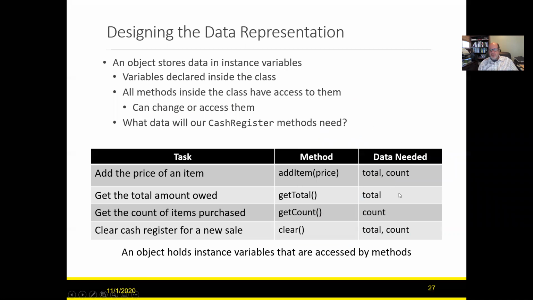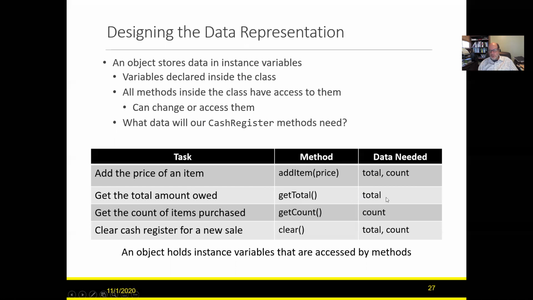So how do we come up with the instance variables? Remember, we start with the task and responsibility of the class. We're going to have this task, and for this task, we're going to have this method to do that. And the question is, what do I need for this method? If I want to add an item, I'm going to need the total and the count to be able to add the item.